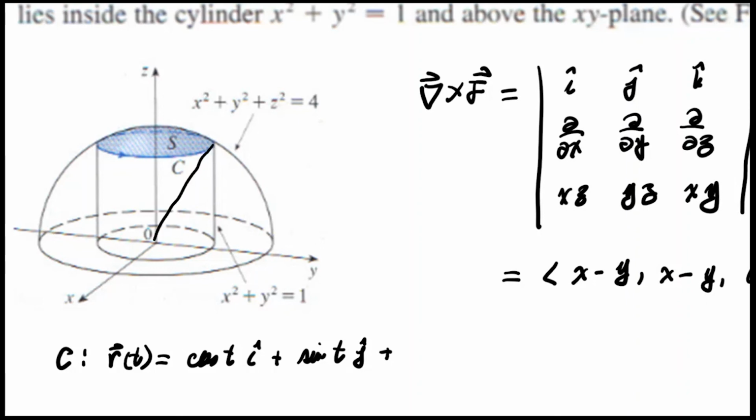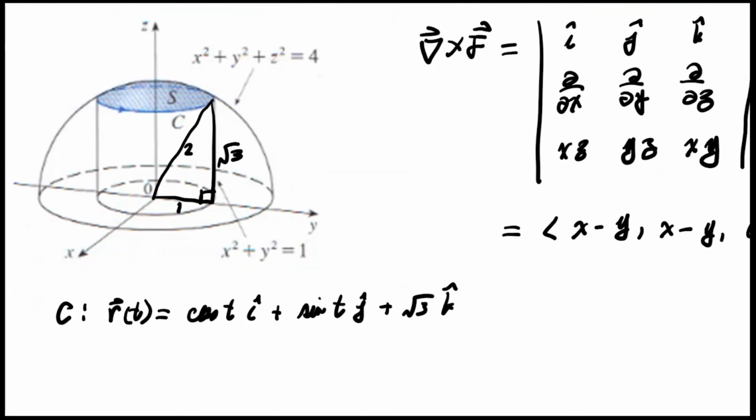Let me draw a triangle like that. This side is 2, this side is 1. Do you see that is root 3? It's not that terrible. So dr would be negative sine t i vector plus cosine t j vector, and this is 0.